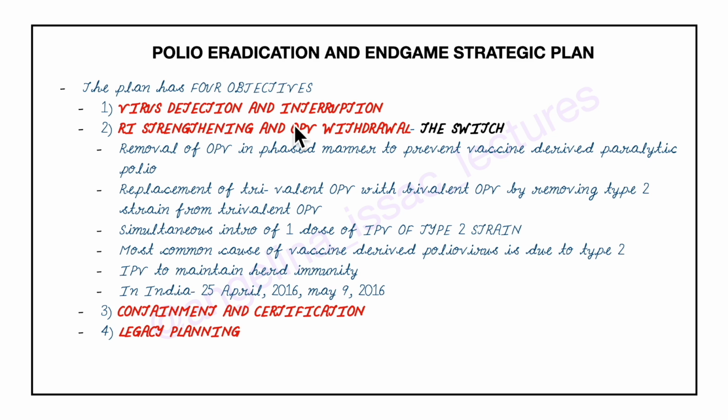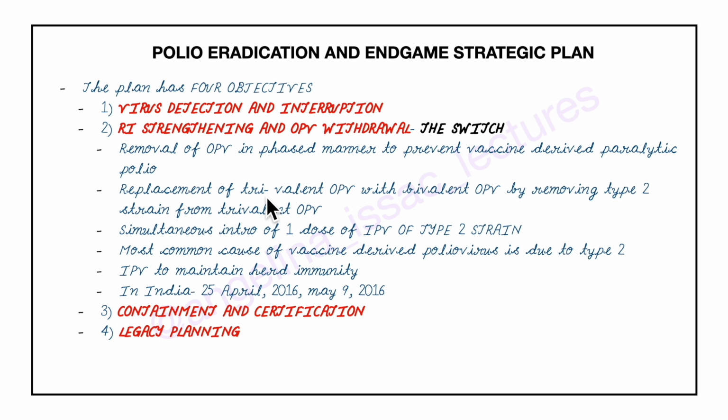The virus detection and interruption involves the wild virus detection and interruption as a part of outbreak response. Routine immunization strengthening is done and the oral polio vaccine is withdrawn. That is about the switch. In the switch, there is a removal of oral polio vaccine in a phased manner to prevent vaccine-derived paralytic polio. We know that oral polio vaccine has live attenuated viruses.